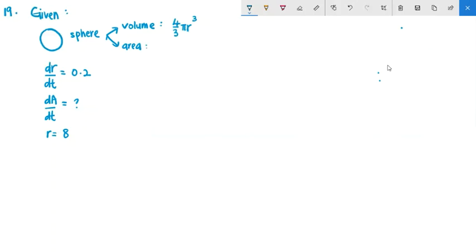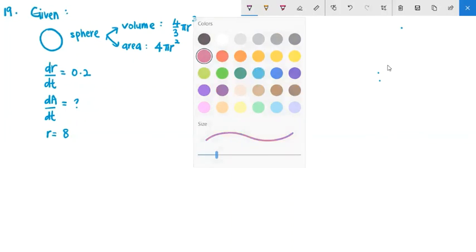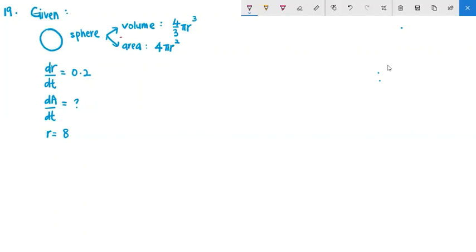If it's required area, so dia akan jadi 4 pi R square. Okay, in this question dia minta area. So we use this equation.